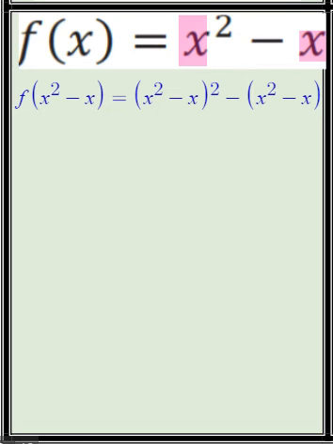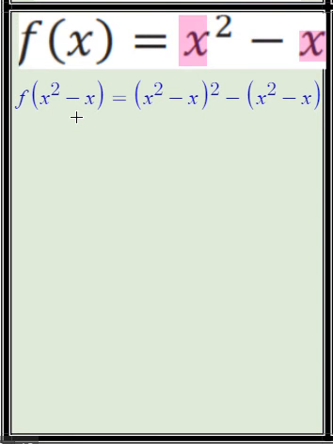Now, I have to deal with this function. We're still talking about function f. So this x gets replaced by everything over here. So the f of x squared minus x.